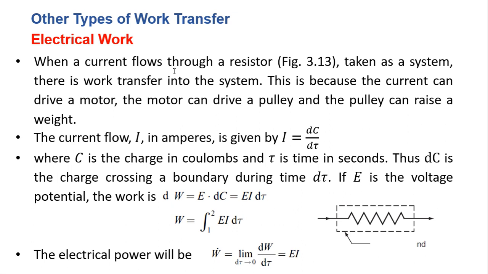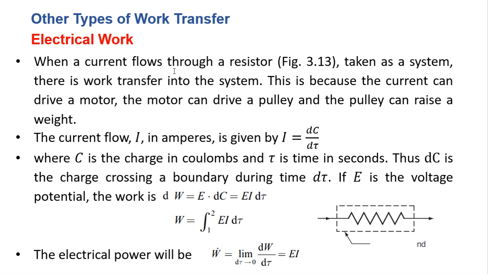There is a charge transfer across the boundary during the time d tau. We are considering E as the voltage potential, like how we represent the force. So in electric work, E is the voltage potential, and the work can be written as dW equal to E into dC.